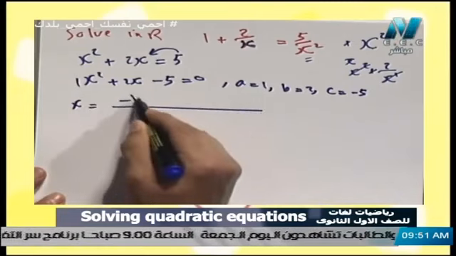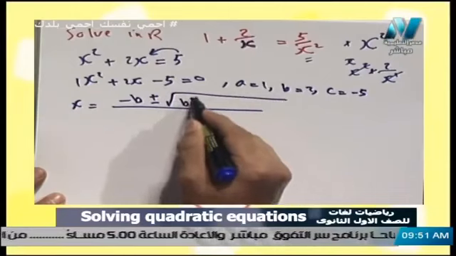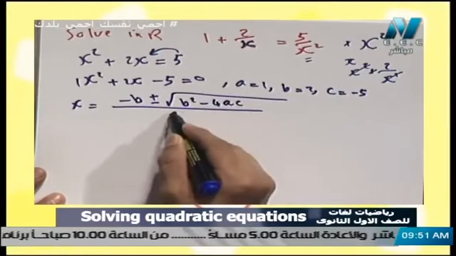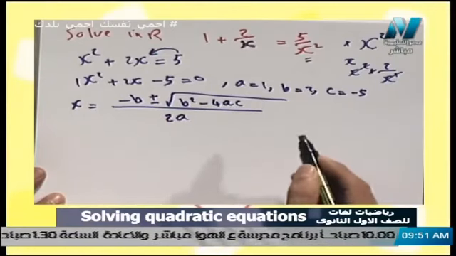X is negative b, keep with me, plus or minus square root of b power 2 minus 4ac over 2a. Okay.